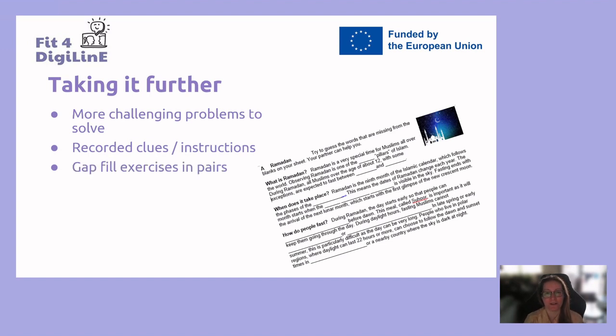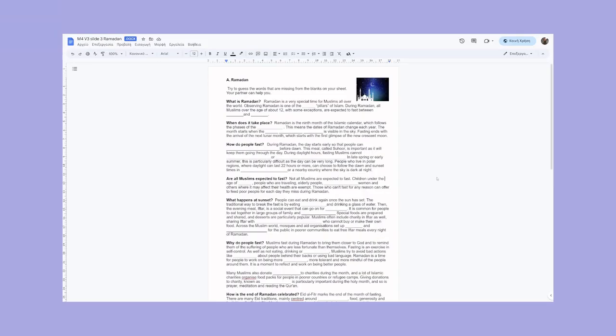More traditional fill-the-gap exercises will also help your learners practice their listening skills. Here, for example, is a pair exercise about Ramadan, where each partner has different words omitted from their own version of the same text. Pairs must work together to fill in the missing words.